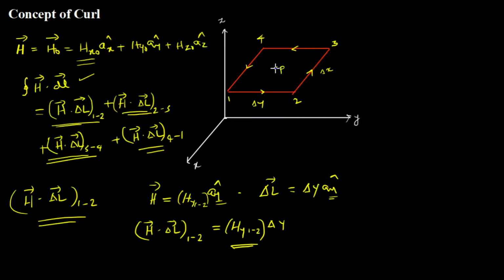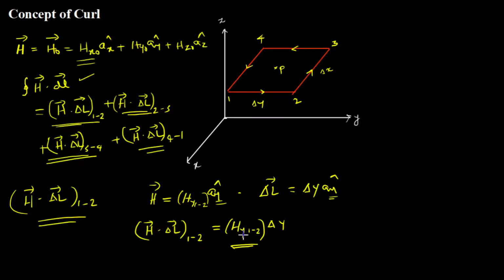When I reach here, that is on the path, what would that Hy0 be? If I write that, then that would be the expression for Hy(1-2). So the intensity Hy along 1 to 2 can be expressed in terms of Hy0 existing at point P.